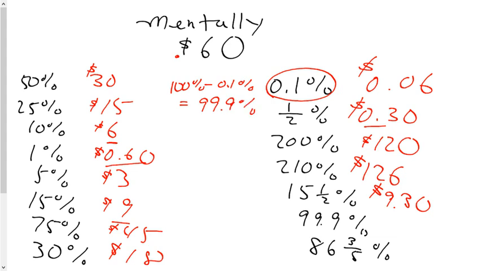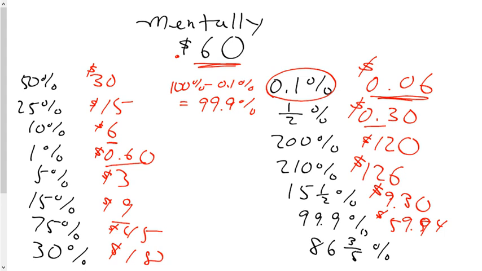So $60, which is 100%, take away 6 cents, which is 0.1%, is $59.94. Did that hurt my brain very much? Not really. Just had to take away 6 cents from $60, and I'm pretty confident with that.